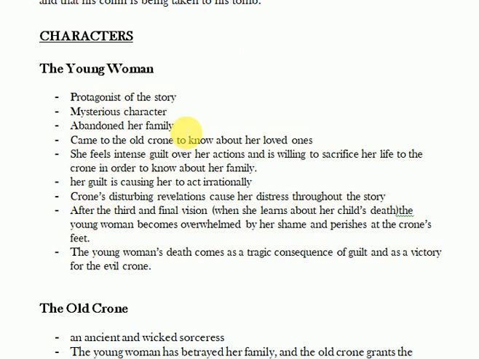She came to the old crone to know about her loved ones, because she loves her family and is concerned about their welfare. This also shows that she feels intense guilt over her actions, and she is willing to sacrifice her life in order to know about her family.